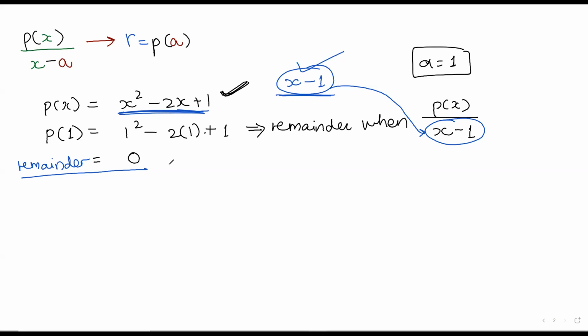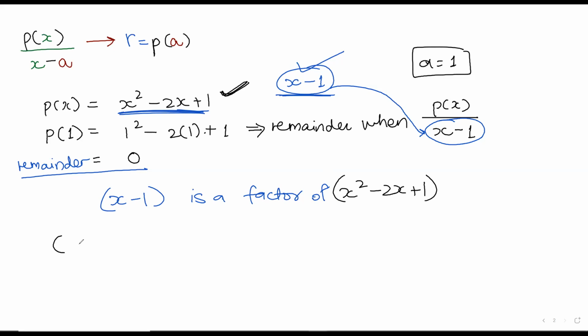Exactly. That's right. So we can say this in two ways. We can say that x minus 1 is a factor of x square minus 2x plus 1, or we can say the same thing in a different way.